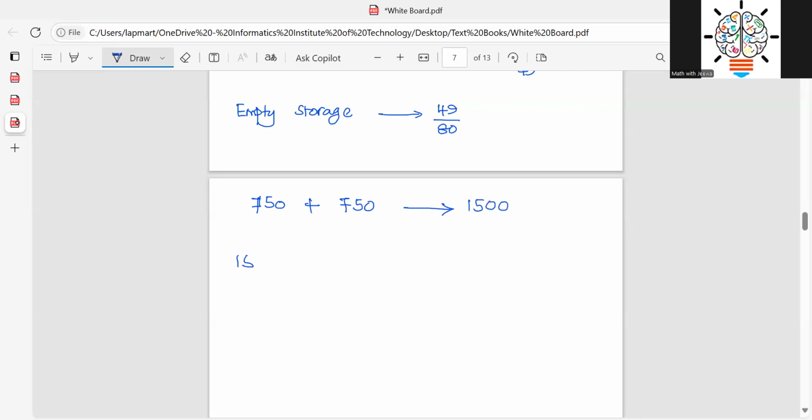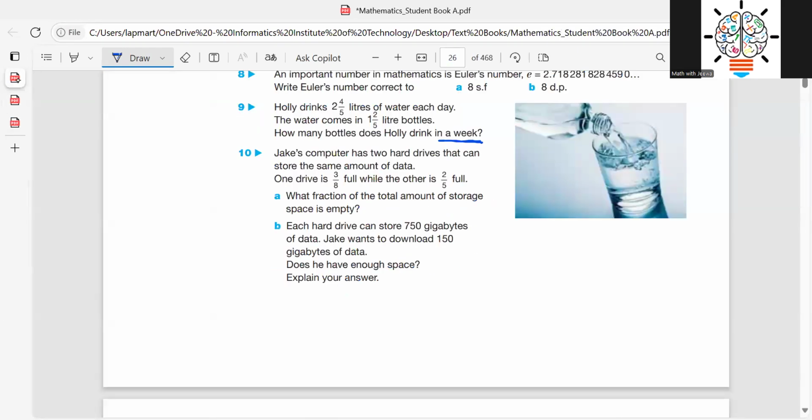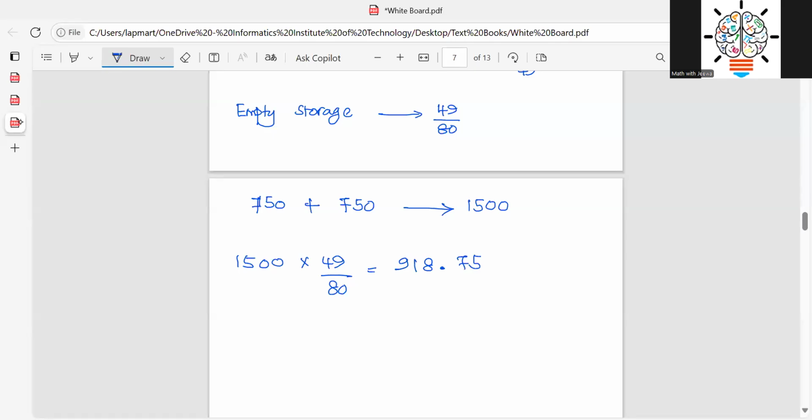Out of 1500 storage, 49/80 is empty, right? First you calculate and see how it works. So you had 1500 and from that 49/80 is empty. So the empty gigabytes is 918.75, right? That is gigabytes, so you write gigabyte here.